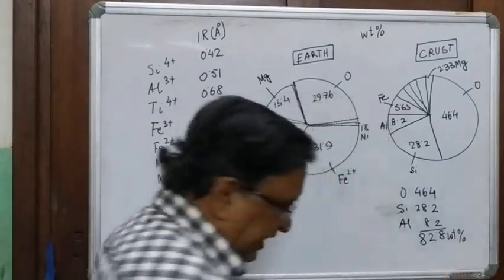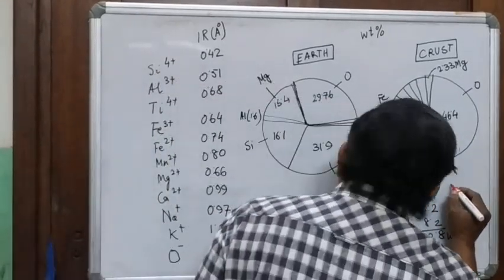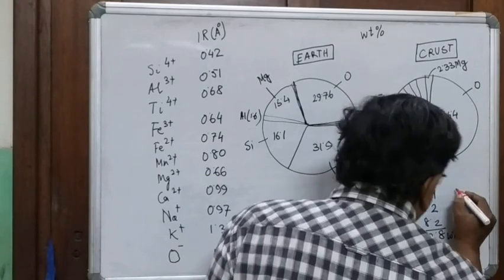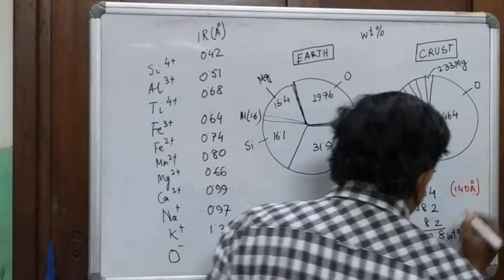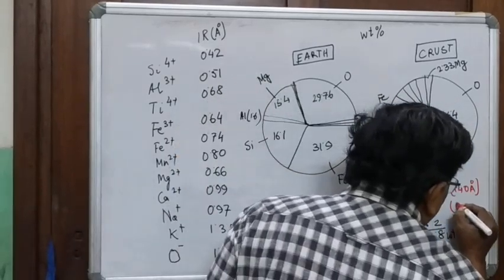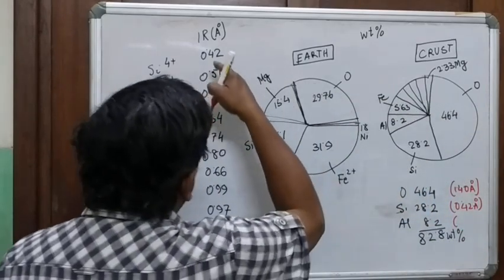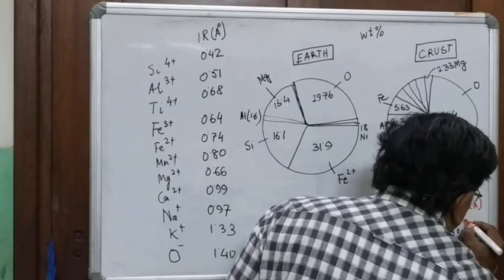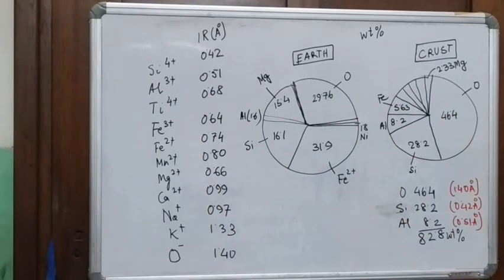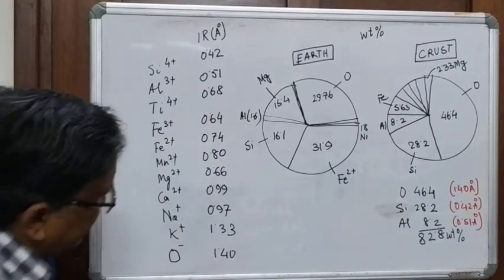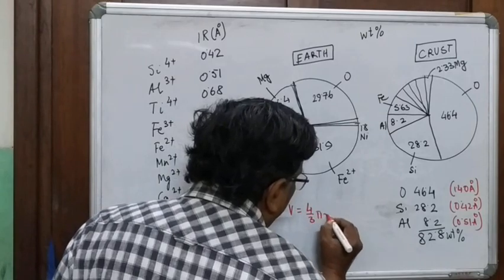The ionic radius of oxygen is 1.40 angstroms. Silicon is 0.42 angstroms. And aluminium is 0.51 angstroms. Now, volume is equal to 4/3 pi r cubed.